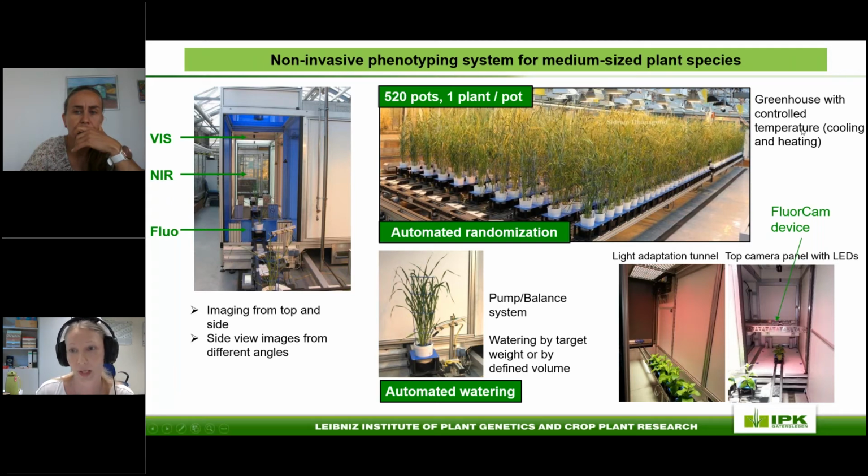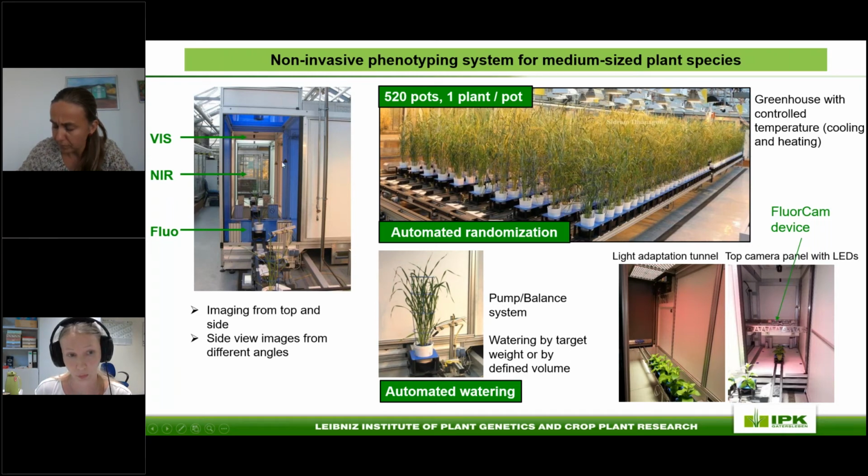And this system is located in a controlled greenhouse, so you can control the temperature. You have a cooling system and a heating system. And as mentioned, you have then the imaging towers with the top view and side view cameras. And after the imaging, you have the pump balance station for watering, where you can then water by target weight or by a defined volume, depending on what you want to do.